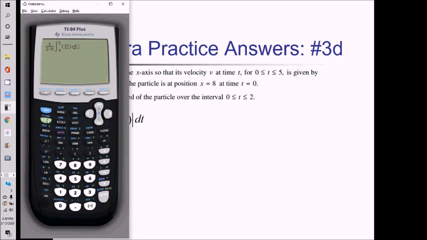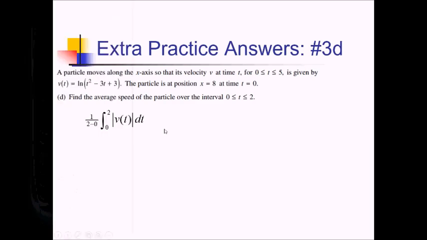Well, let me do, let's see, alpha, and then this window menu here. Absolute value is option 1, so let me press enter. And then let me do alpha trace. That gives me my y equals menu. y1 is where I stored velocity, so let me press enter to get that in there. And then I'm just going to do dx, press enter, hope for the best. And that's about 0.371 for the average speed.